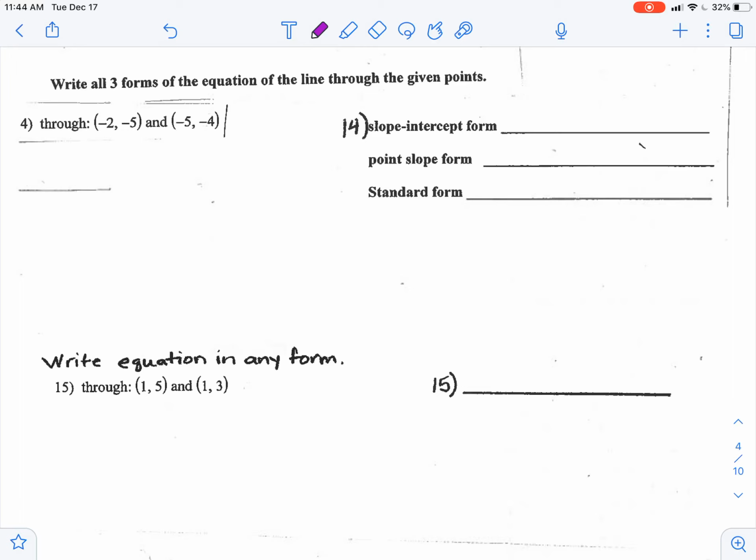Remember, when you have 2 points, we need to know our slope as our first step. Then you take it from there to determine which one of these you want to use to find the rest of your equation. Pause and work the problem.